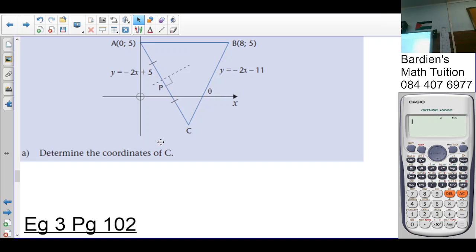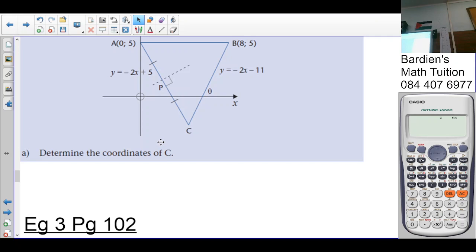Alright, so how do we calculate the coordinates of C? People, we got the equation of AC and we got the equation of BC.